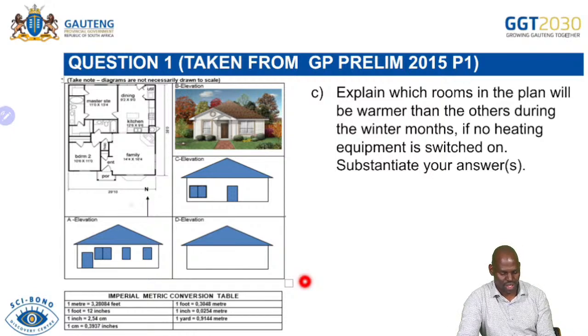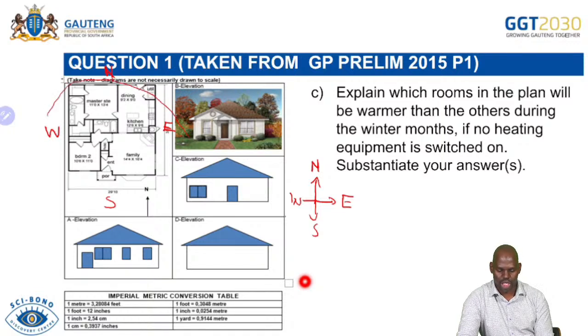If you look at the compass, we've got north, east, west, and south. So this will be the east of the house, this will be the south, this the west, and that the north. As the sun rises, instead of moving closer to the south, it's going to move closer to the north.